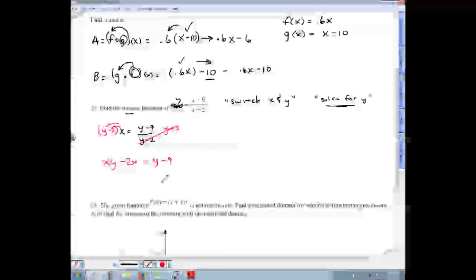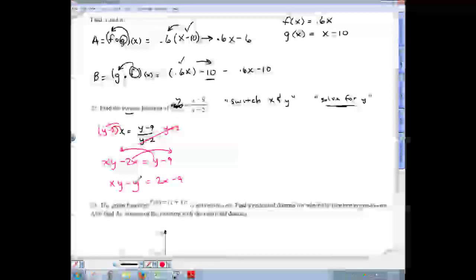What you're going to want to do is get all the y terms, or any term that has a y, on one side. Any term that does not have a y, move that to the opposite side. So I'm going to move this y to the left over here. I'm going to take this negative 2x term and move that over here. So we got xy minus y equals positive 2x now, minus 9.